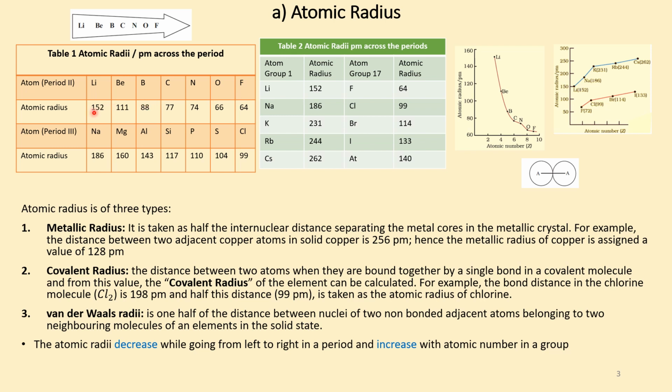The atomic radius decreases from 152 in the case of lithium to 64, systematically decreasing as we move from left to right.